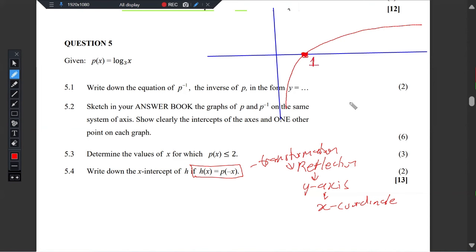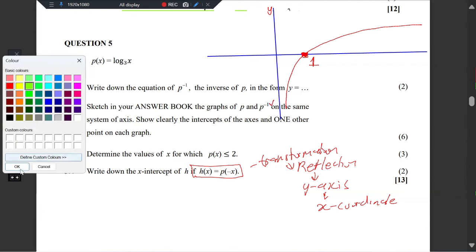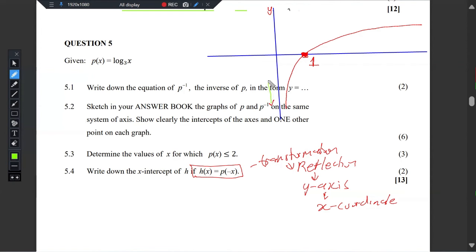Now, what are they saying? If we reflect this along the y-axis, meaning we are reflecting it along this line, the mirror image must be created over here.